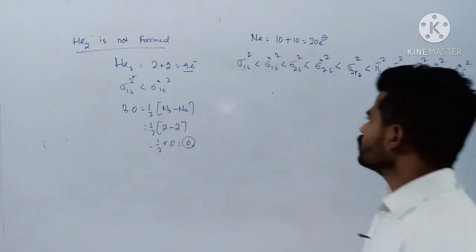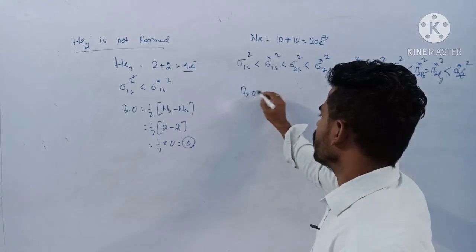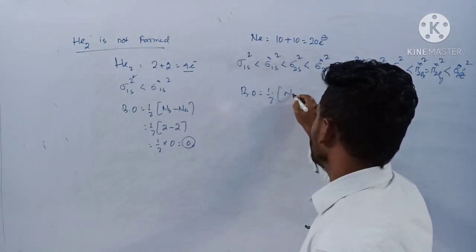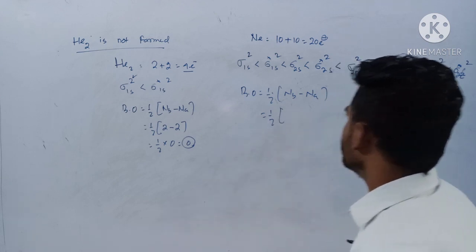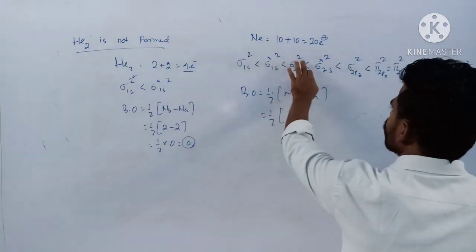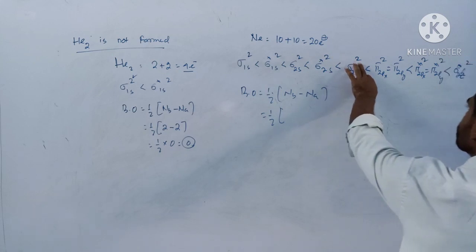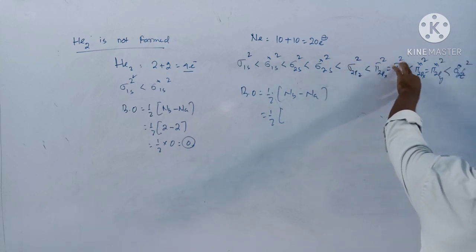With this order, if you calculate the bond order, half into Nb minus Na, the number of bonding electrons you calculate: 2, 4, 6, 10.